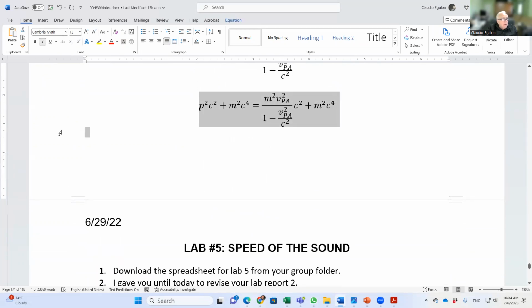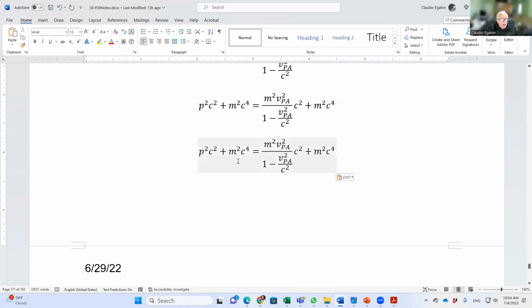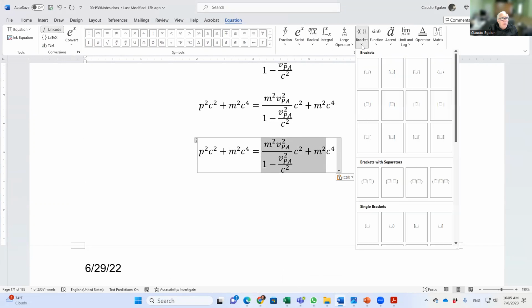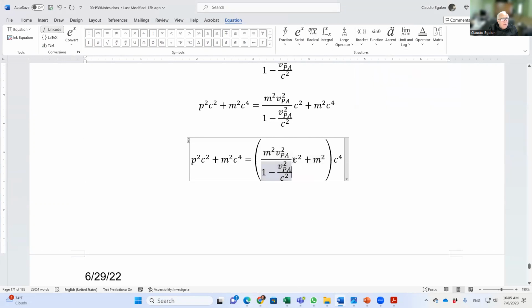What else can I do? Okay, m and mc squared, right, can be taken out. But I'm going to use only c square here. C square and c square.